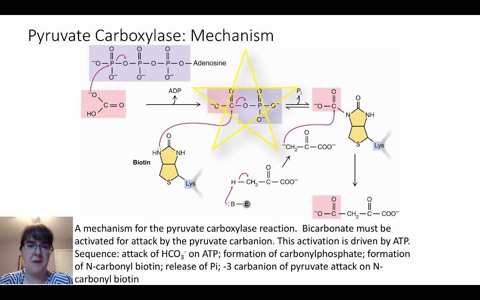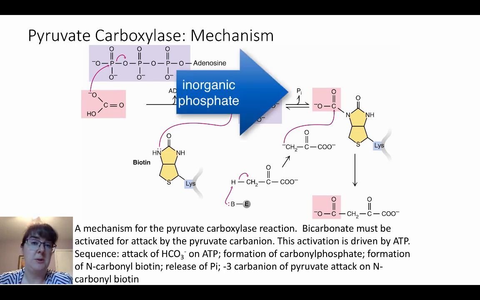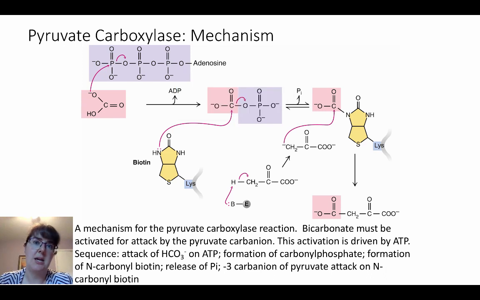Once you have carbonyl phosphate, that's going to allow the nitrogen on the end of the biotin chain to nucleophilically attack the carbonyl carbon of that carbonyl phosphate, which will then release inorganic phosphate. So that's how we're using ATP. ATP is essentially used here in order to allow the bicarbonate to be attached to biotin.